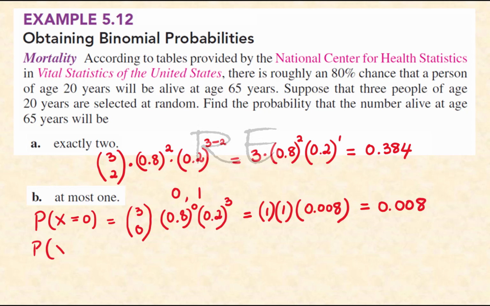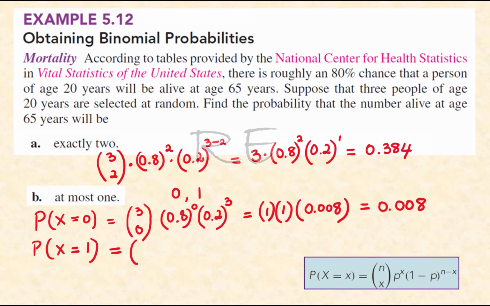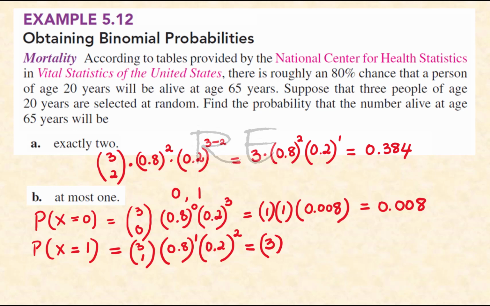P of capital X equal to 1 will be equal to 3 choose 1, times 0.8 to the first power, times 0.2 to the 3 minus 1, which is 2, so 0.2 to the second power. 3 choose 1 is 3, times 0.8, times 0.04, which is 0.2 times 0.2.